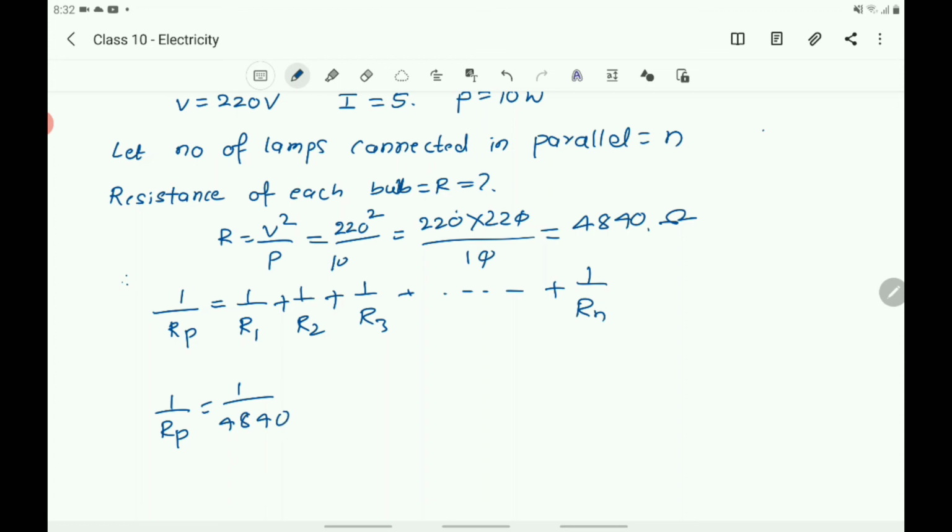So you will get 1 by 4840 plus 1 by 4840 plus and so on. How many times will you get? n times. So n factors, as there are n bulbs we have taken.